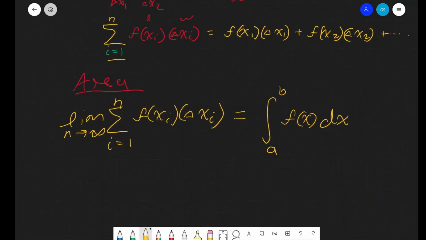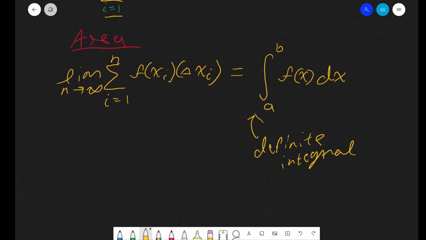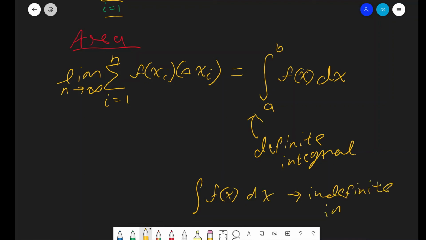This is called a definite integral, because the boundaries have been defined. If there were no boundaries, like let's just say integral of f of x dx, this is an indefinite integral, because there are no boundaries.